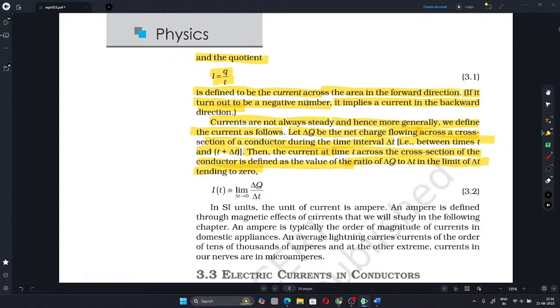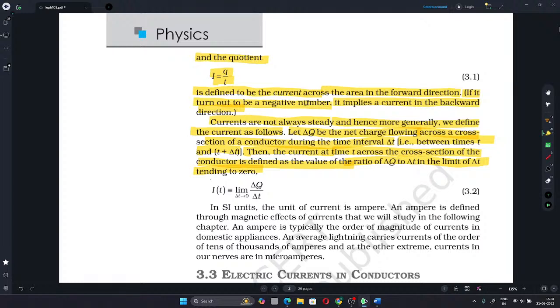Let's read the statement again. Currents are not always steady, and hence more generally we define the current as follows, where delta q is a net charge flowing across a cross section of a conductor during the time interval delta t.